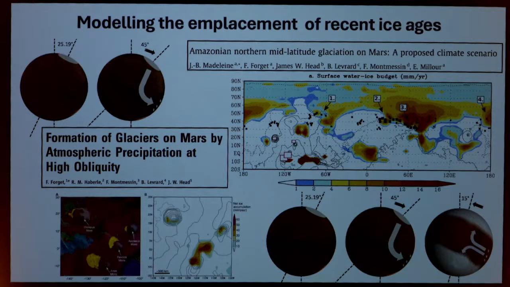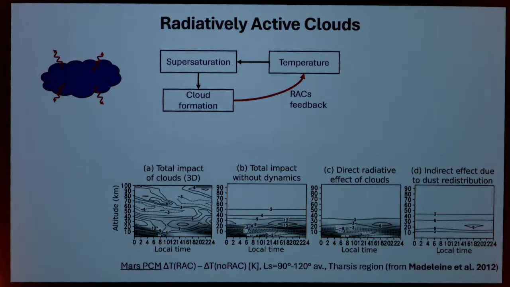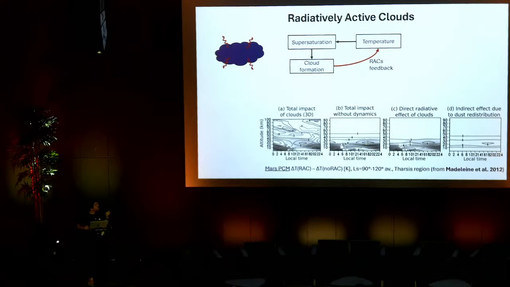As François was saying, we know that this is pretty much all wrong because of the effect of the radiatively active clouds. This was overlooked in the versions of the model before 2014 or 2012, because it's not really needed to explain anything in the present-day Martian climate, other than in the aphelion cloud belt, where you have the thickest clouds you find on Mars, and there are some temperature features that you would need the radiatively active clouds to explain.